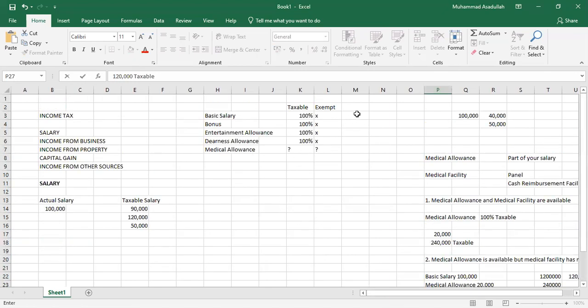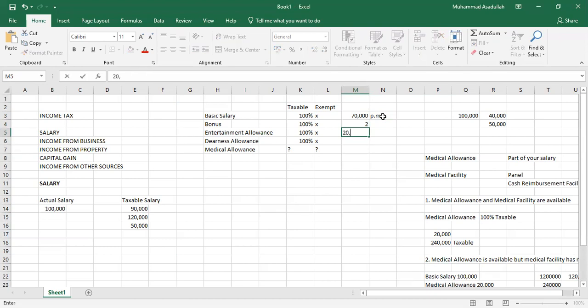Let's suppose we have a basic salary of 70,000 rupees per month. All values are given per month, except the bonus, which is normally given annually, and we have received two bonuses.